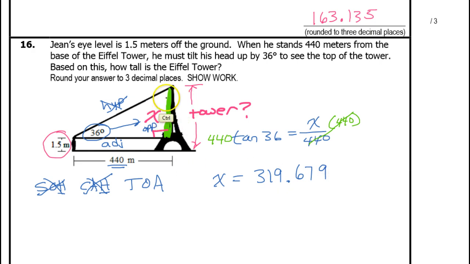Okay, now that's X. Now remember, the tower itself is an extra 1.5 meters. So I need to add an extra 1.5 to this, and that will be the tower.